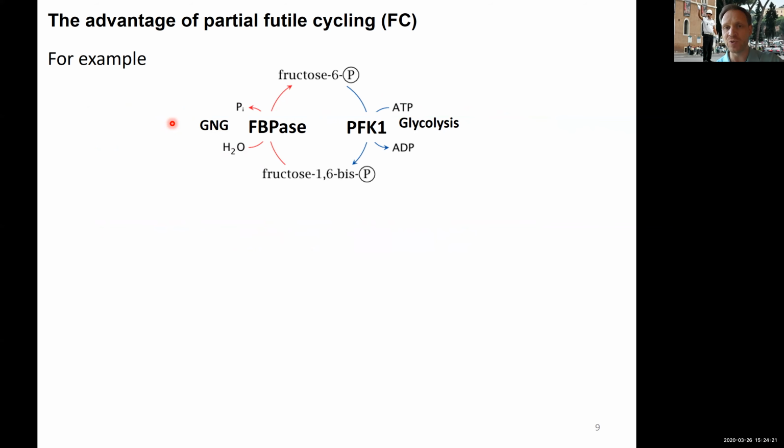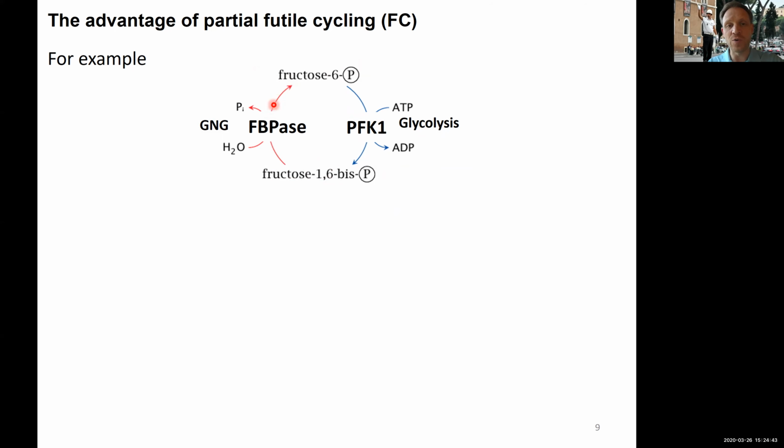The example I want to use here is glycolysis and gluconeogenesis, and specifically our two irreversible reactions in the opposing directions. Our PFK1 here, our irreversible reaction 3 of glycolysis, converts fructose 6-phosphate using ATP to fructose 1,6-bisphosphate.